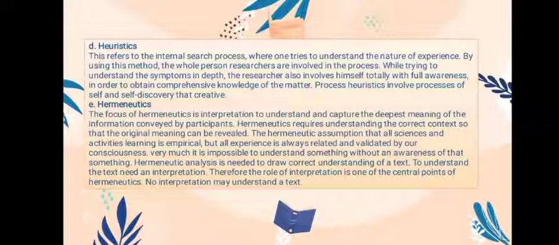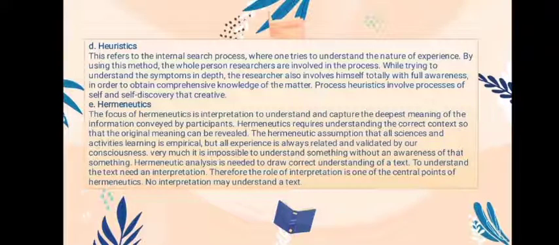Next, heuristics. This refers to the internal search process where one tries to understand the nature of experience. By using this method, the whole person of the researcher is involved in the process. The last, hermeneutics.